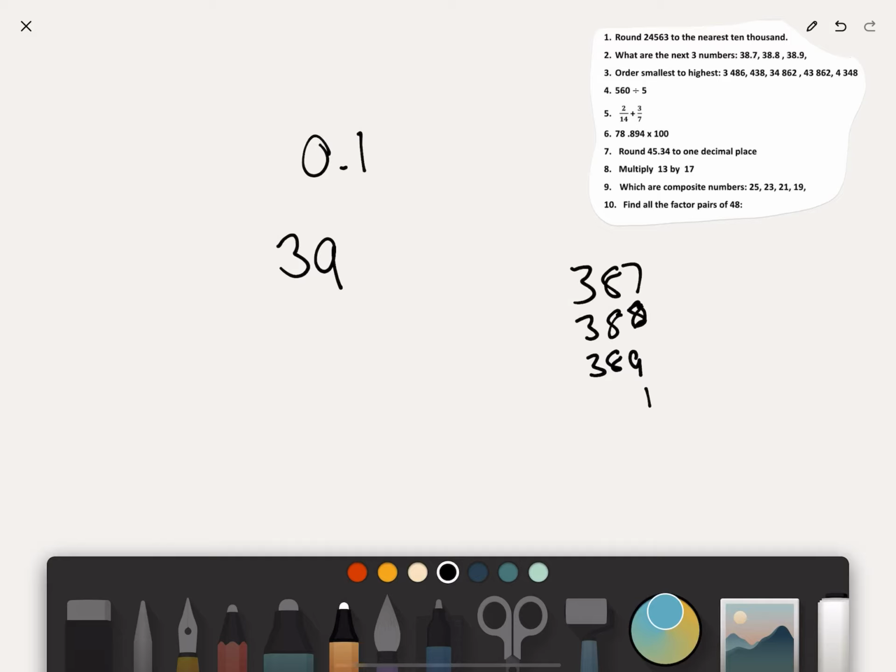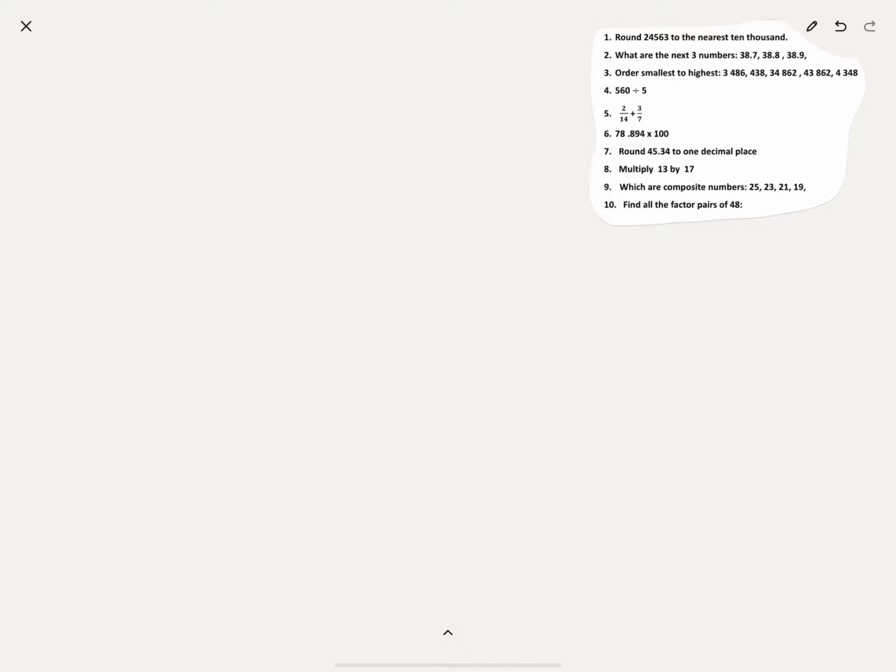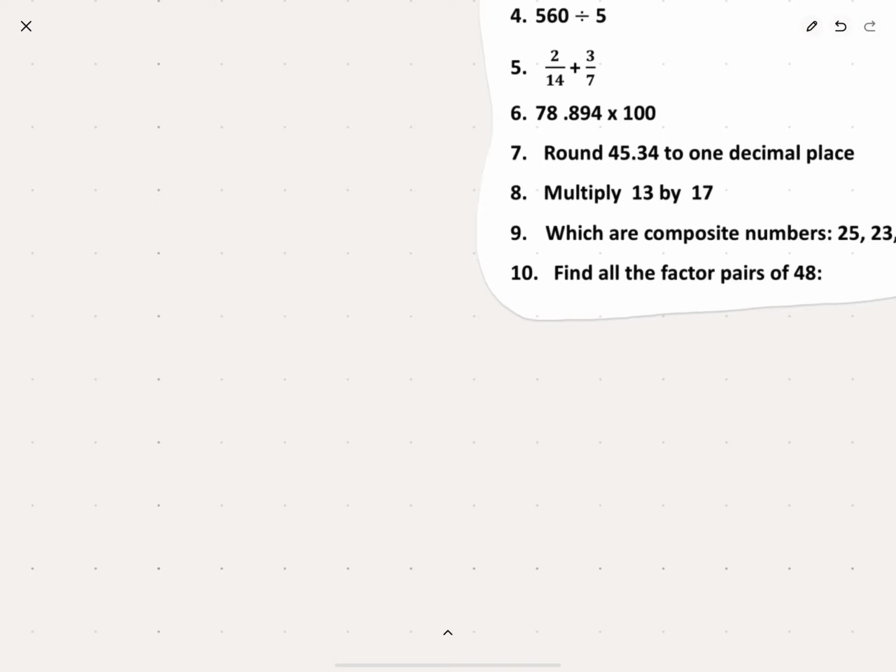Well, the next one's going to be 390, and then 391, and so on. So it's 39, or 39.0 if you want, and then 39.1, 39.2. Okay, it's again all about establishing the rule and then applying that rule to the sequence.